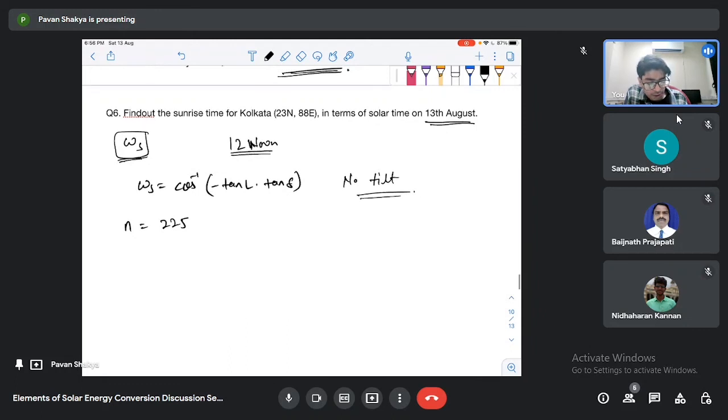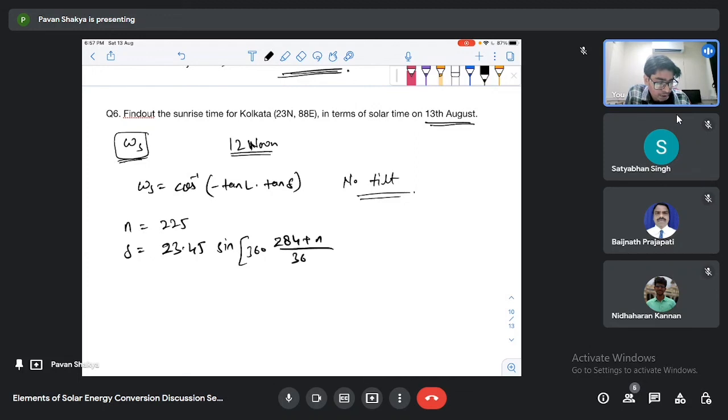Now with this n value, we can calculate the declination angle, given by 23.45 sin of 360 times (284 plus n) divided by 365. When you put in this n value, you will find that this delta comes out to be 14.428 degree.